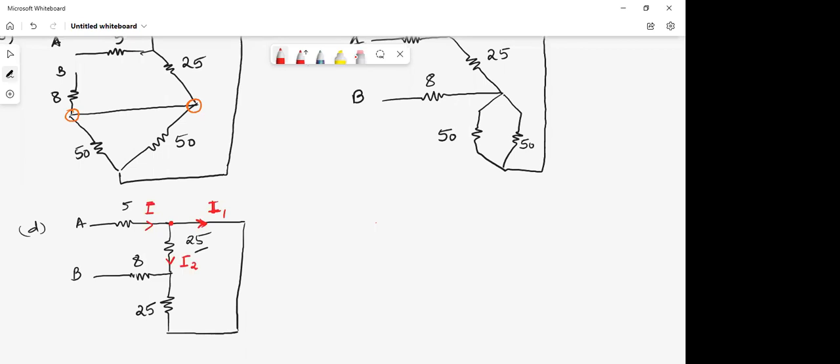At this upper point, it got divided. So I is equal to I1 plus I2. Now at this point, I1 will flow from here and I2 will also come together. So how much will this current be?